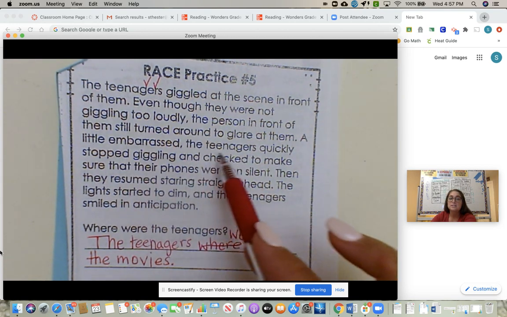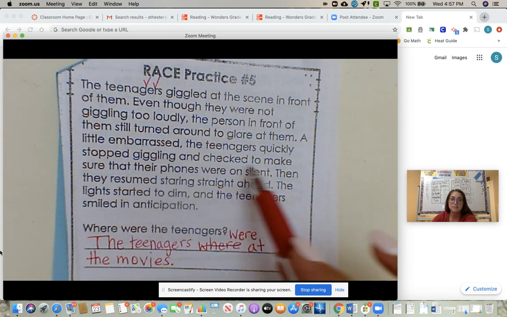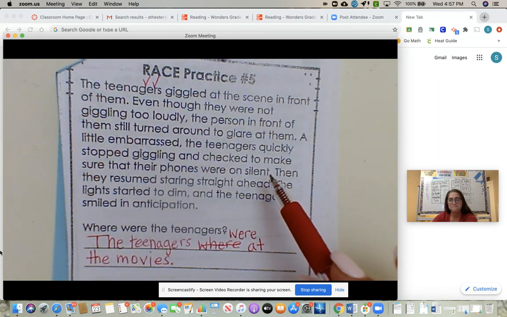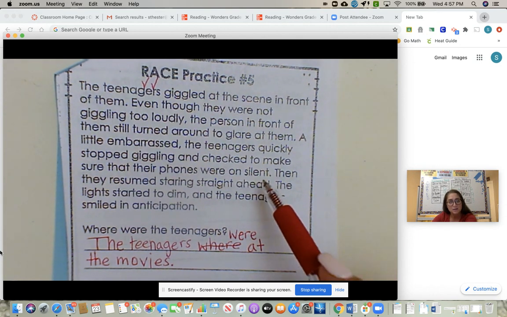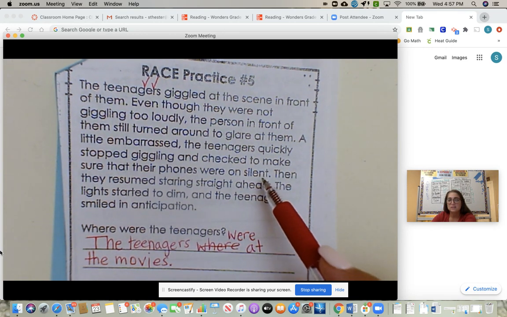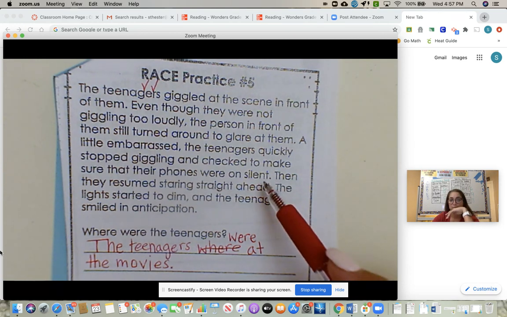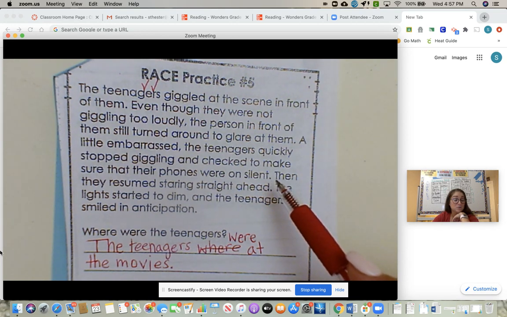A little embarrassed, the teenagers quickly stopped giggling and checked to make sure that their phones were on silent. This is where I was thinking, okay, they're not at the store, because if they were quietly giggling behind someone, they wouldn't immediately look at their phone, worried that their phone was distracting the person in front of them. Then I think, where can someone's phone distract someone? Okay, not in school, because we don't have our phones out.